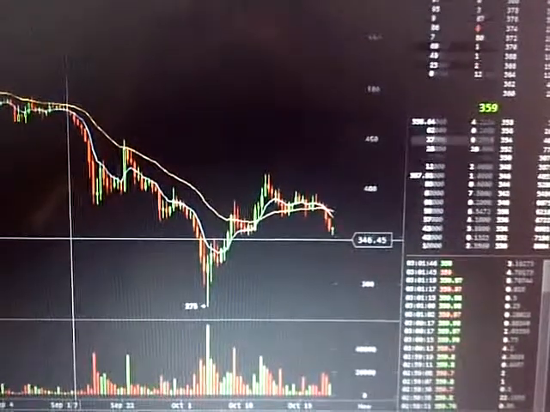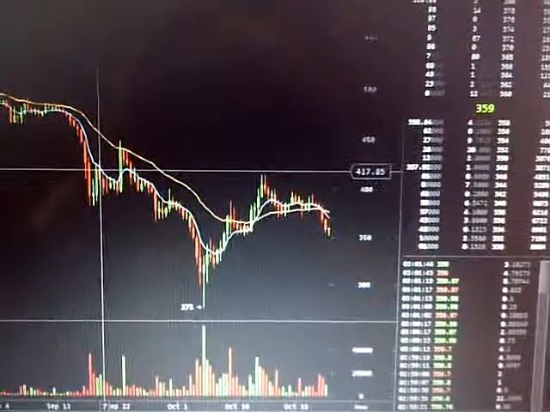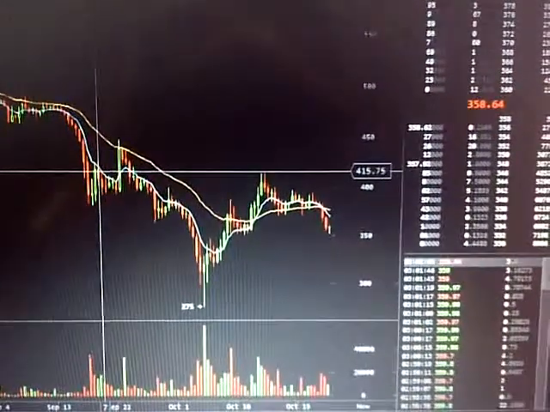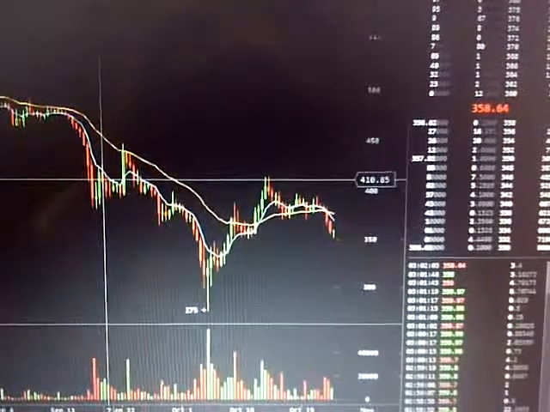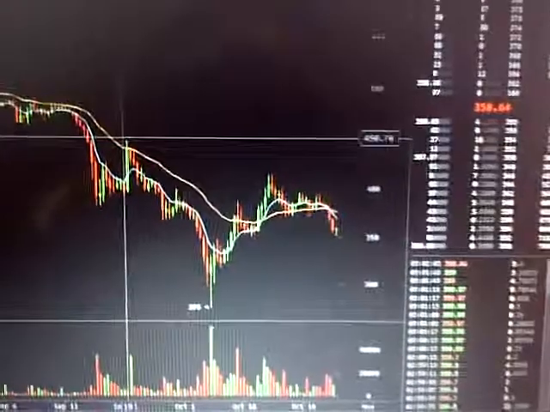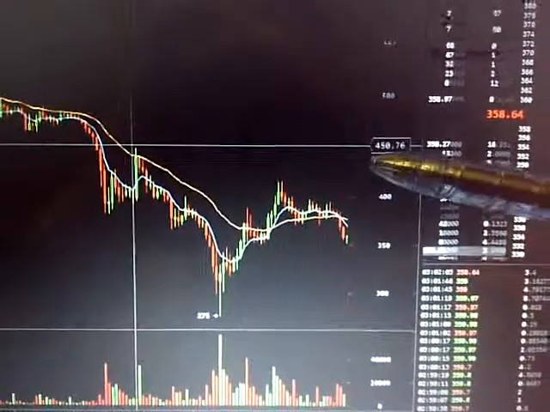If it bounces up from there, you might want to start looking at this high in particular of 415 or whatever it is, and then up to 450. So there's about $100 potential here in the short term.